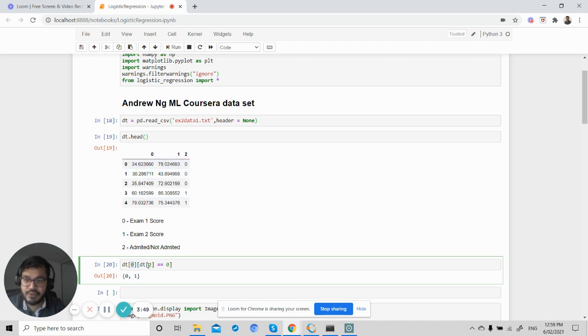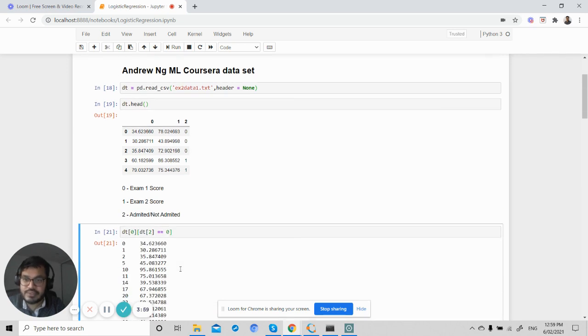Exam 1 is my column 0, and 2 is my third column, which is admit or not admit. So this will filter out all the not admit data. This is all my non-admit data, we can see. Likewise, I will plot the non-admit data for the exam 2 score. So this one is my exam 2 score.